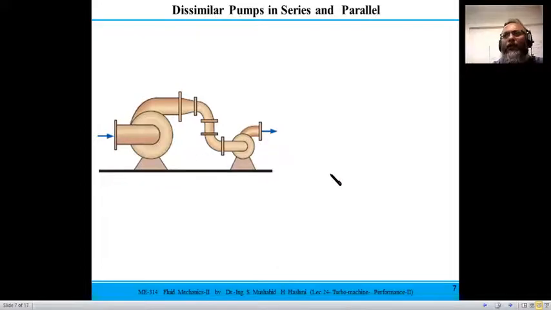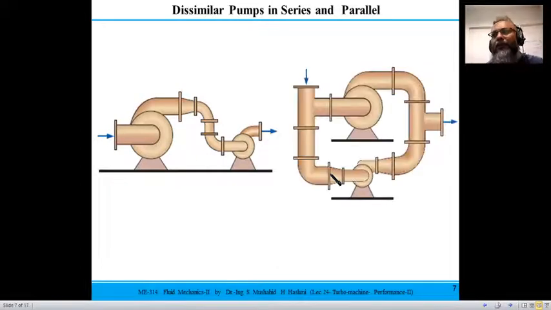That is the series arrangement, whereas the parallel arrangement looks like this: you have one inlet, and then the fluid goes into this pump as well as into this pump, and this would be your total flow rate. The flow rate from the bigger pump and smaller pump together would give you the higher flow rate.